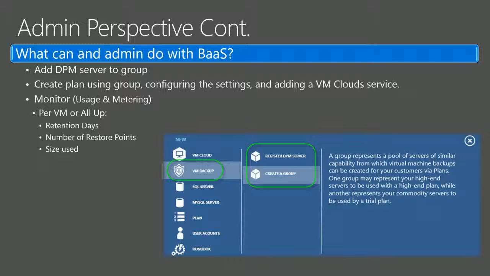You can add your DPM server or servers to a group, which is the same thing as a plan in your WAP. The server group is a collection of DPM servers that logically go together, meaning that they usually back up the same set of Hyper-V hosts.